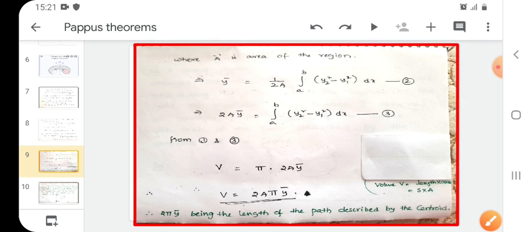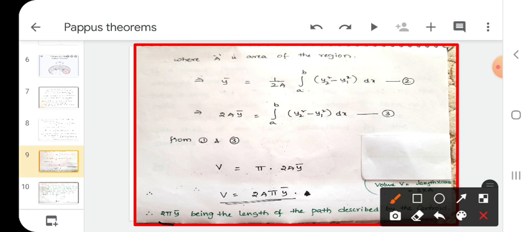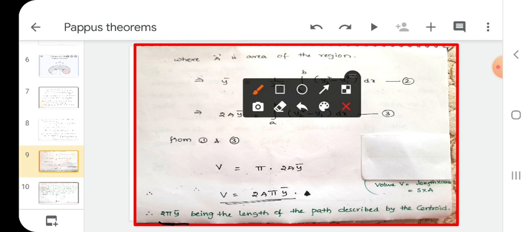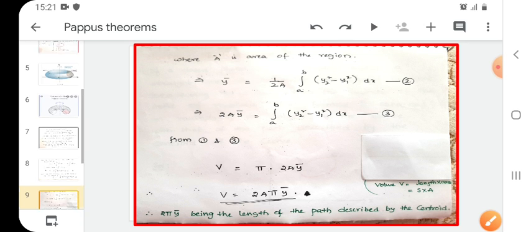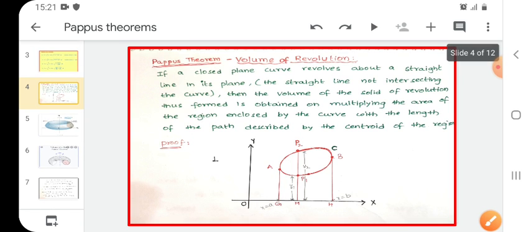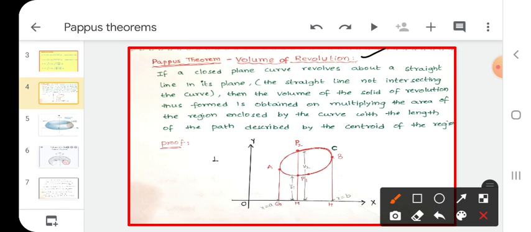See here, 2 pi y bar is the length of the path described by the centroid. This is the most important theorem. What is that theorem? Pappus theorem on volume of revolution. Here we take a closed plane curve that revolves about a straight line. If any curve revolves about a line, we get a three-dimensional solid shape.